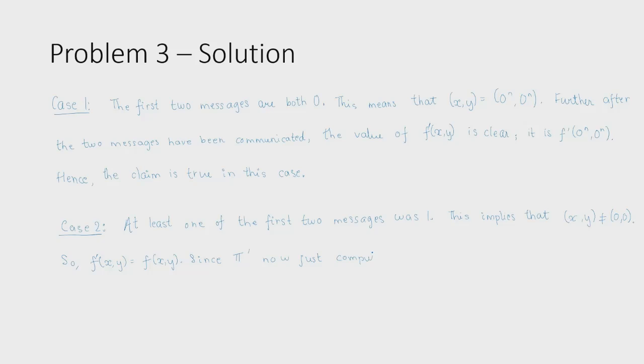Computes f using pi, not pi using f. It correctly computes f prime x comma y in this case as well, right?